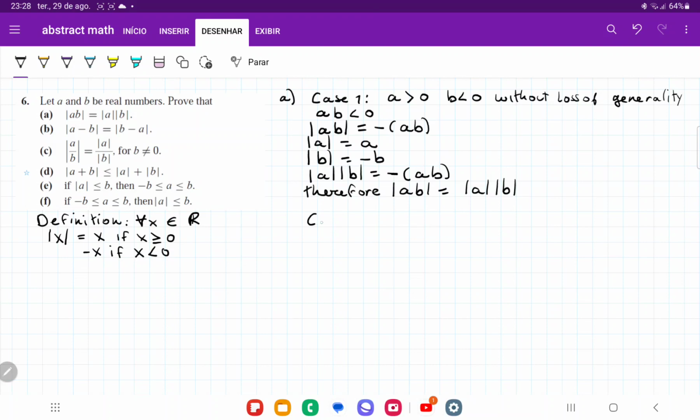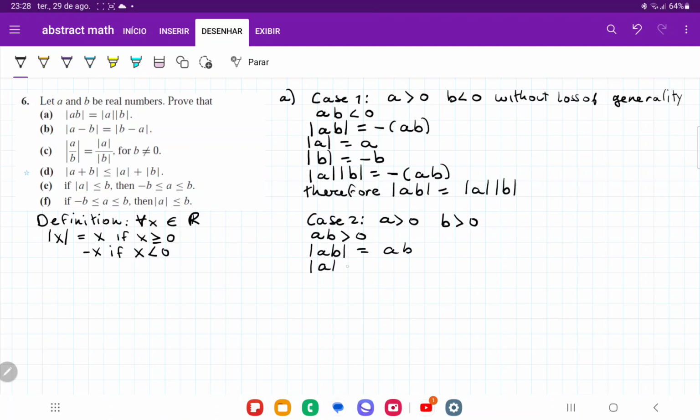Now let's consider case 2, where they are both positive. In this case, the product AB is greater than 0, and so the absolute value of AB is just AB.